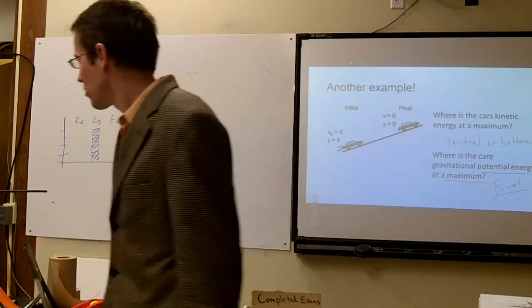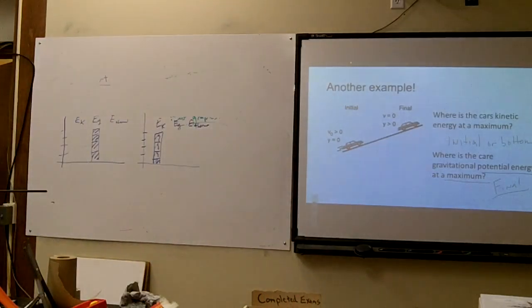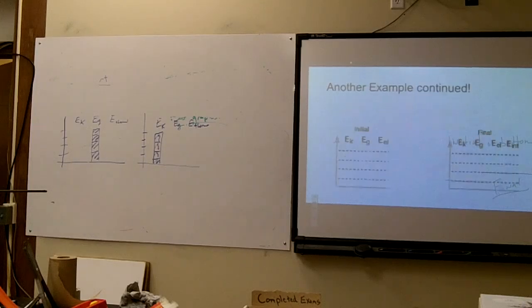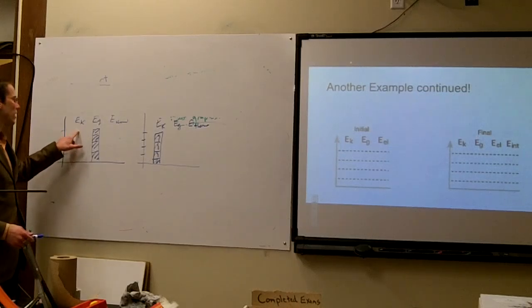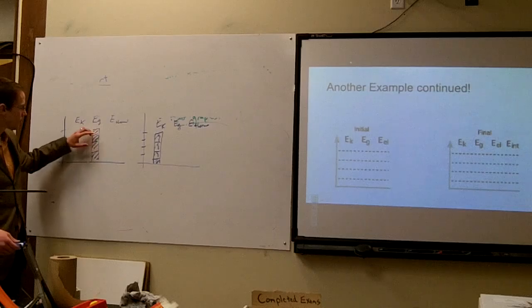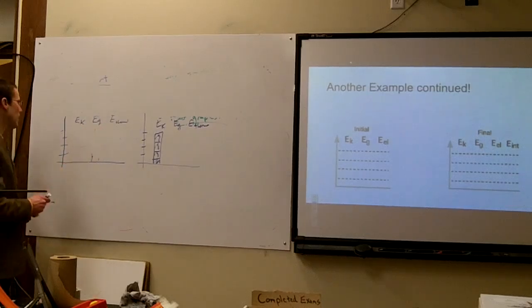All right. So when we're doing our graph, initially, what do we have? Kinetic or gravitational? We actually have kinetic this time.